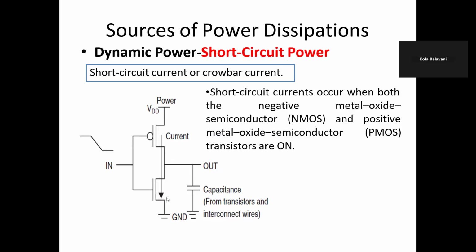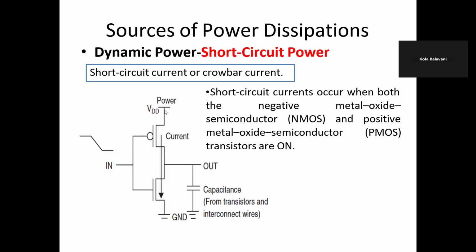This is the diagram for a CMOS inverter. Short circuit power dissipation occurs whenever both the PMOS and NMOS transistors are conducting simultaneously during the switching transition. This creates a temporary direct path from VDD to ground.